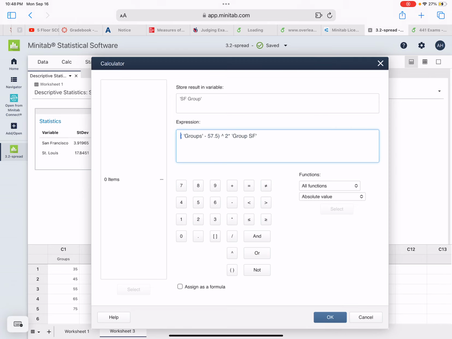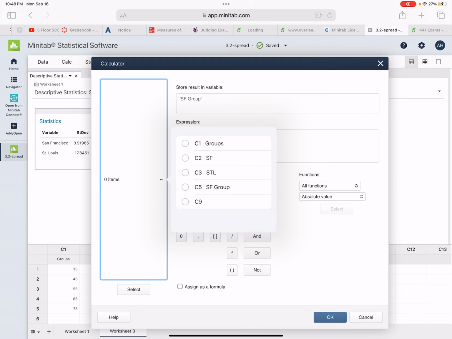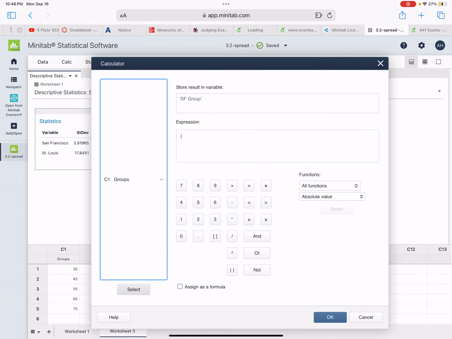And now you can see I've tried this, right? Let me actually delete all this so I can start from scratch and show you exactly what we're doing here. Parentheses, we're going to choose the midpoint minus the mean, which we know for San Francisco was 57.5.